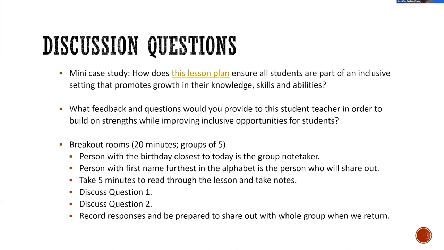I was looking at the academic vocabulary. It would have been nice for her to include reviewing the previous academic vocabulary that would go along with this lesson.